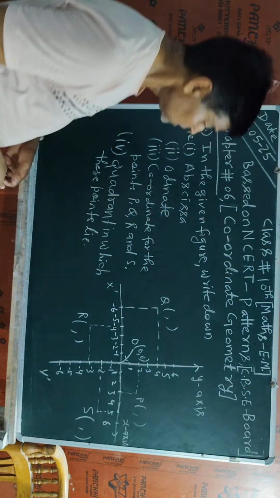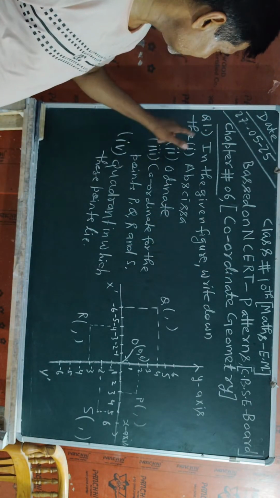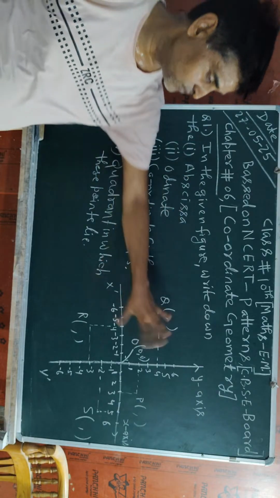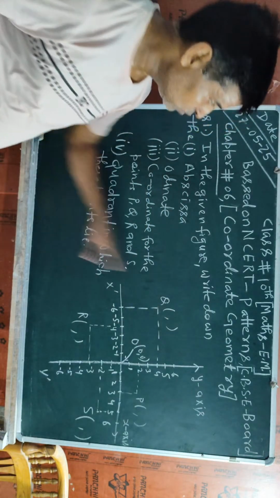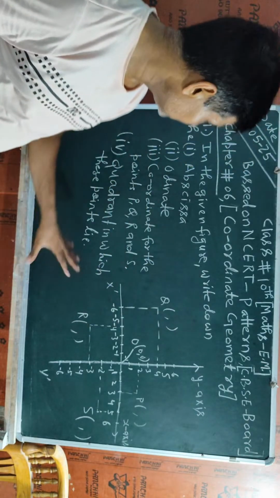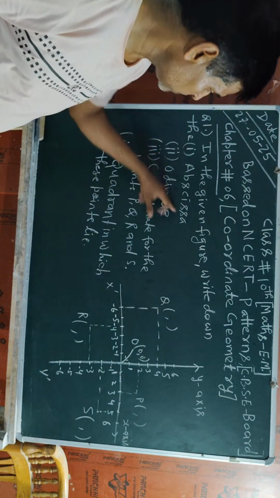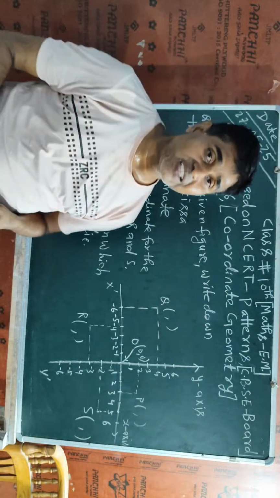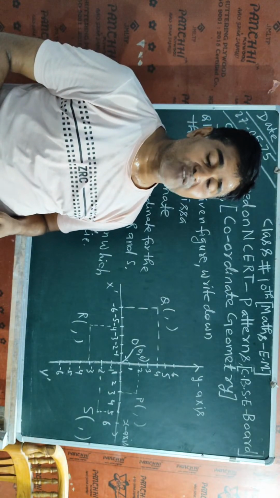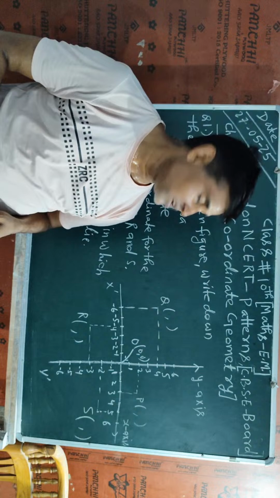Okay, student. Now further I have to write the information in the given figure. This is the figure which is given here. Now write down. First information is the abscissa. What is the concept of abscissa? The x coordinate. The value of the x coordinate is also called abscissa.